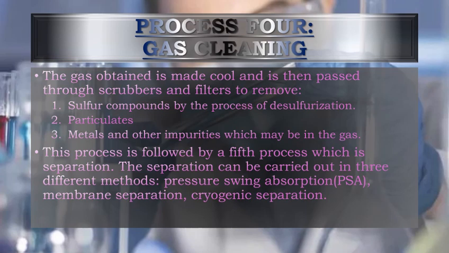After cleaning, the gas undergoes separation, which is done using one of three methods: pressure swing adsorption, PSA, membrane separation, or cryogenic separation. Each method isolates hydrogen from the other gases. Let's move to the next slide.